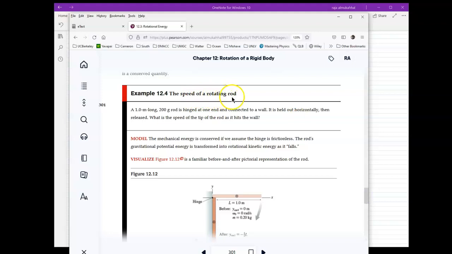It says the speed of a rotating rod. So what you have, basically, is a rod right here. It's held on at one side, say to the wall, and then you let go, and it's allowed to rotate until it hits the wall here. So it says a 1 meter long 200-gram rod is hinged at one end, which is right here, and connected to the wall.